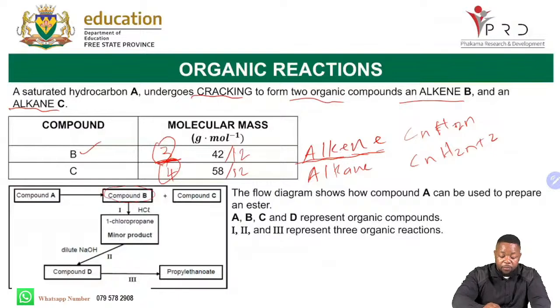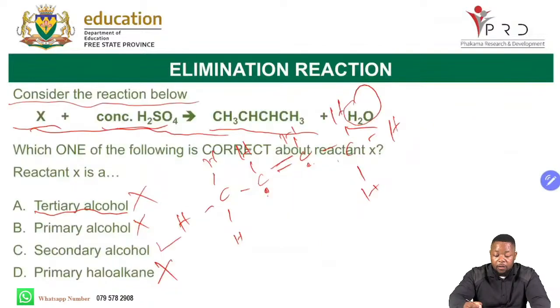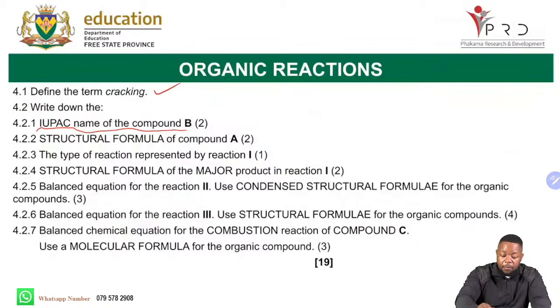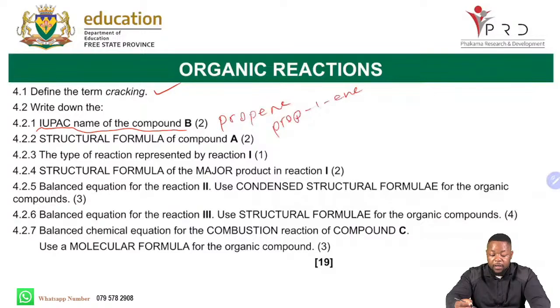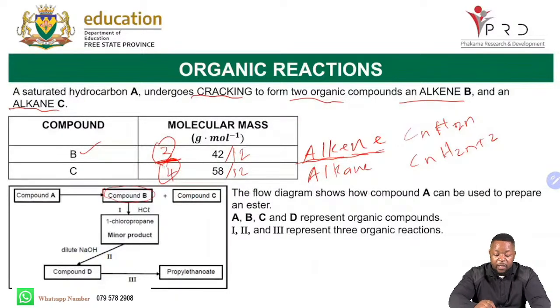If compound B reacts with HCl, we get 1-chloropropane. So it means that the name of this molecule must be propene, or prop-1-ene, because we know that the carbons are 3 and we also know that it's an alkene.